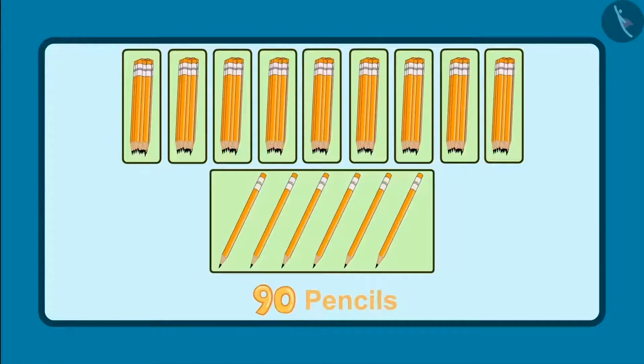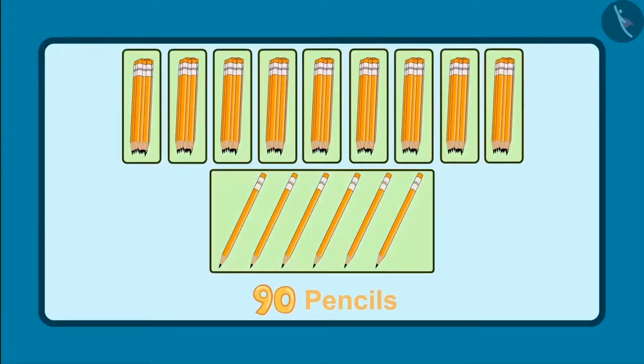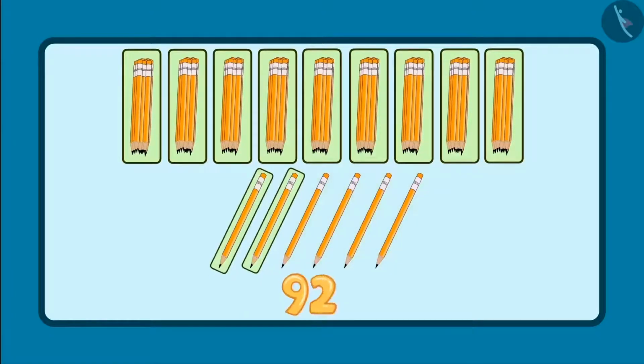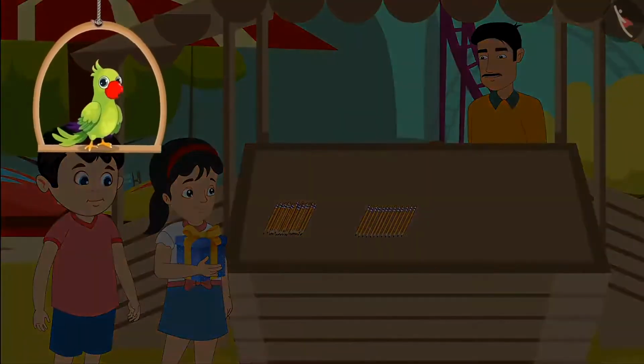So first of all, there are 90 pencils and 6 more pencils with me. So 91, 92, 93, 94, 95 and 96. So there are 96 pencils. Children, Pinky said it right and got the prize also.